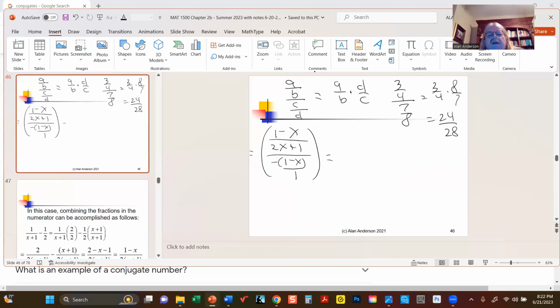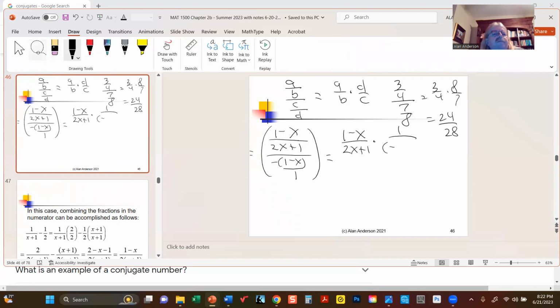So that means here I'm going to have (1 minus x) over (2 times (x plus 1)) times 1 over negative (1 minus x). You can write this negative in the numerator if you'd rather. The reason I might want to do that is because I want it to be crystal clear that these now cancel out.